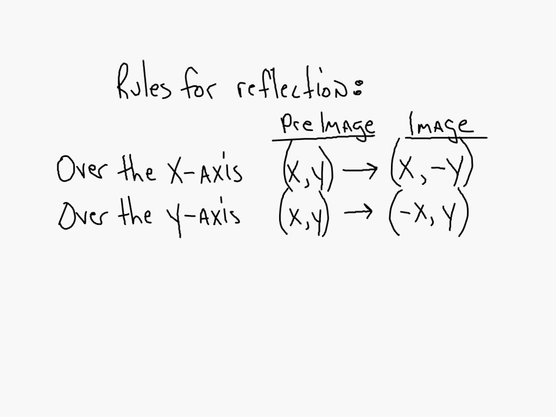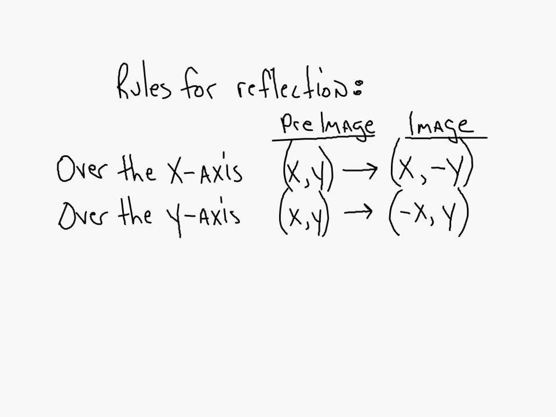When you're reflecting over the y-axis, your pre-image will have an x and a y value, and after it's reflected, the new x value will be the opposite of the original, and the y value will be the same.